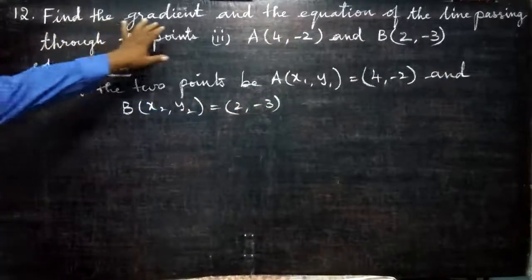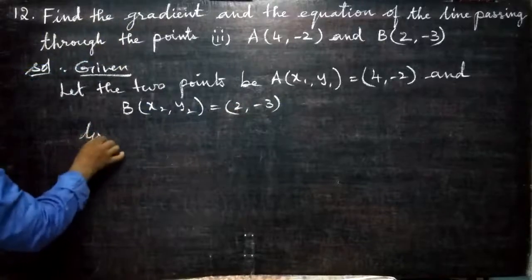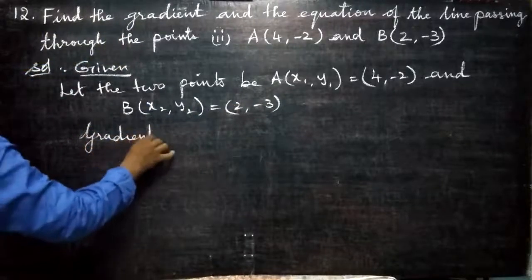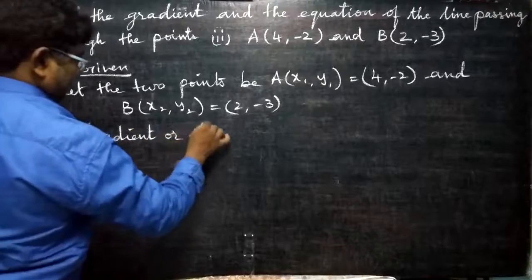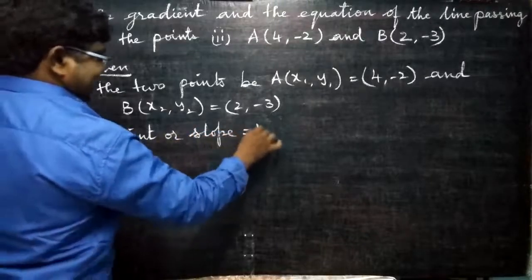First they are asking to find gradient. Gradient means what? Slope. Gradient or slope formula they represent as m.